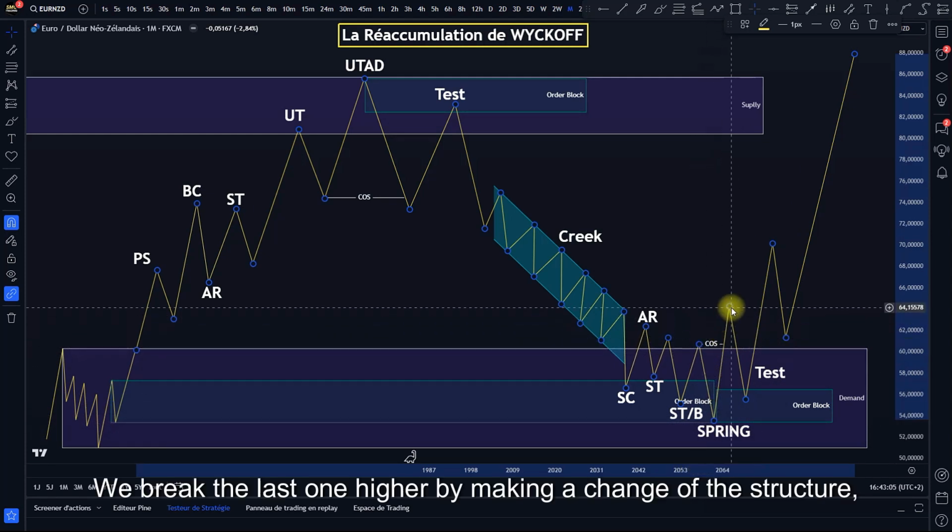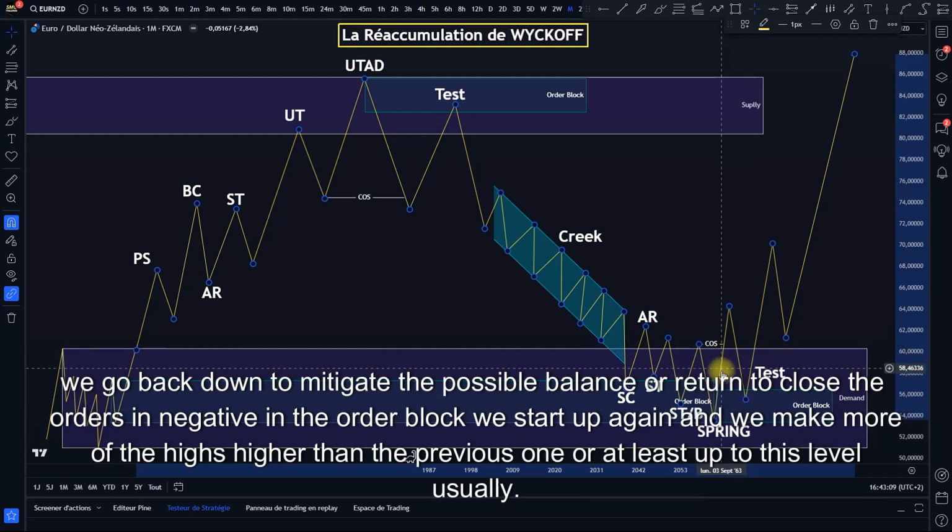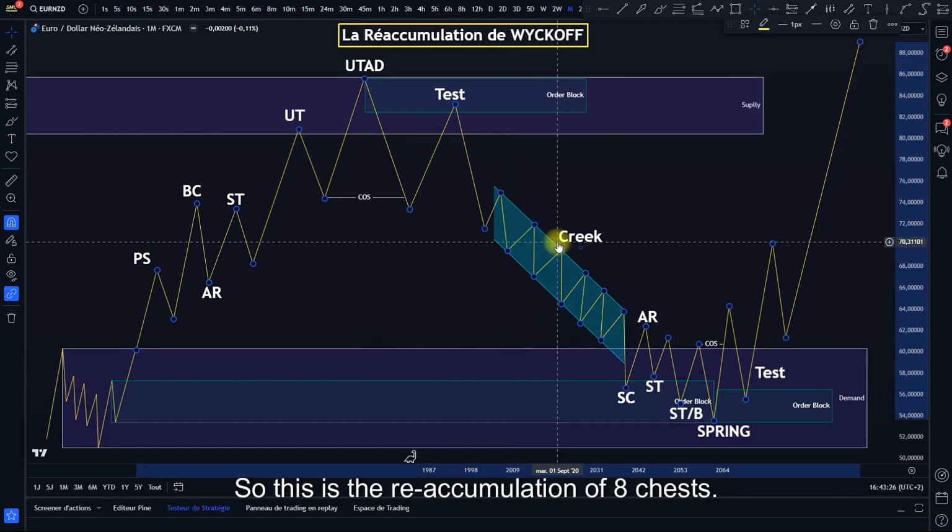We break the last high by making a change of the structure. We go back down to mitigate the possible imbalance or return to close the negative orders in the order block. We start up again and we make higher highs than the previous one, or at least up to this level usually. So this is the Wyckoff reaccumulation.